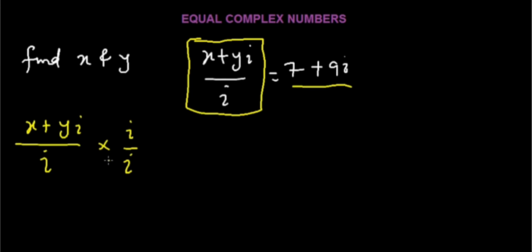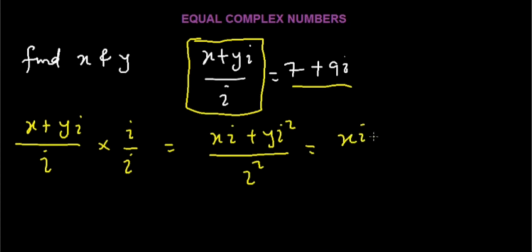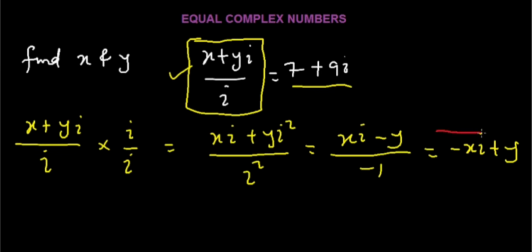That will be equal to xi plus yi squared over i squared, and i squared is minus 1, so that is xi minus y over minus 1, and I'll be having y minus xi. So this part here has been represented as this. We want to compare it with what we were given.